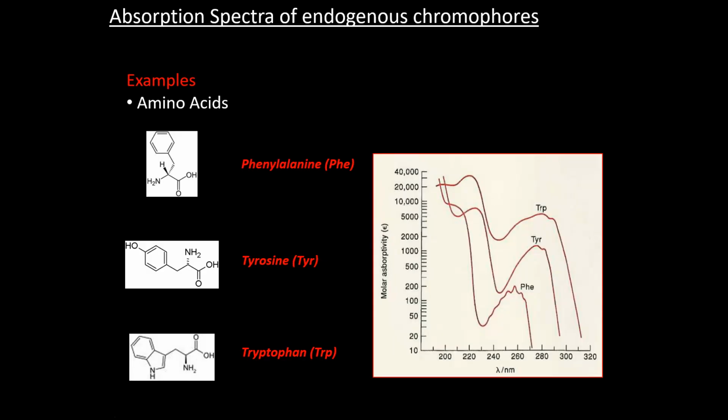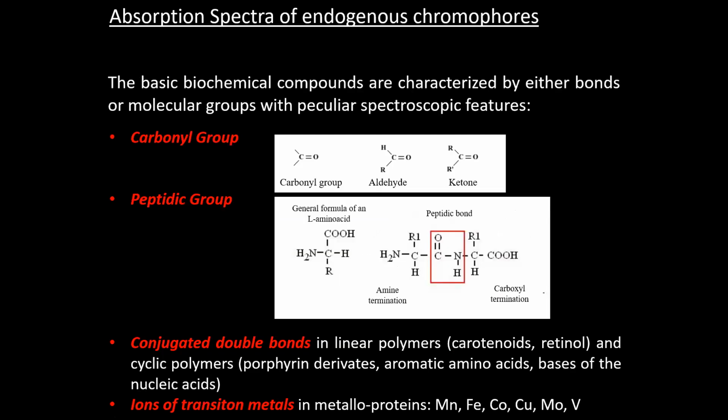And these are what we call endogenous chromophores. These are absorbing molecules that you naturally have in living tissues. Amino acids, chlorophylls, carbonyl groups, peptidic groups, these are natural.